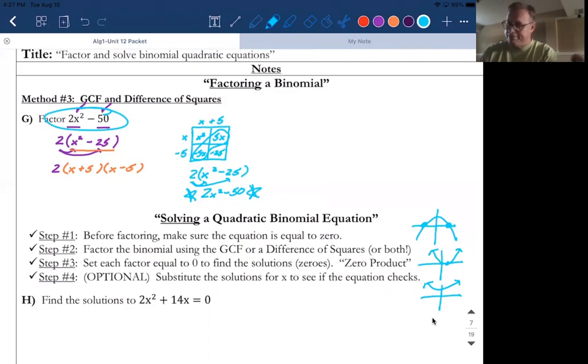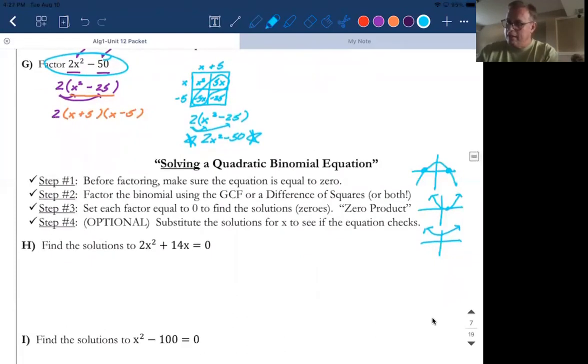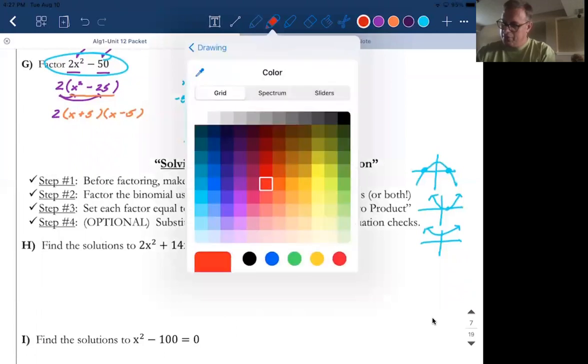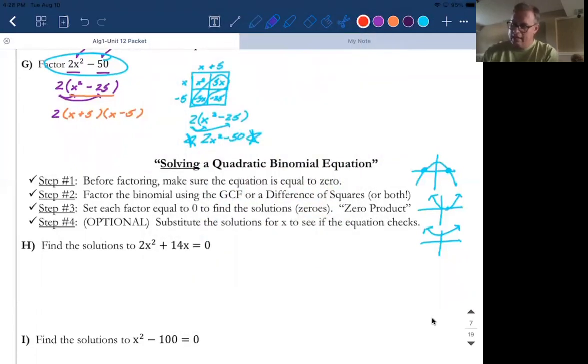All right, let's do H. So 2x squared plus 14x equals 0. It is equal to 0, so step 1 is done. I have to factor. If I look at 2x squared and 14x, is there a greatest common factor present? The answer is yes.